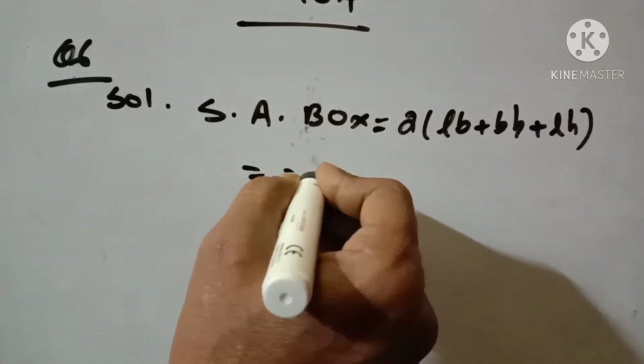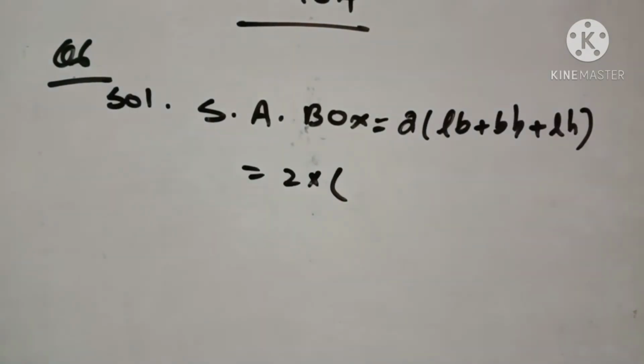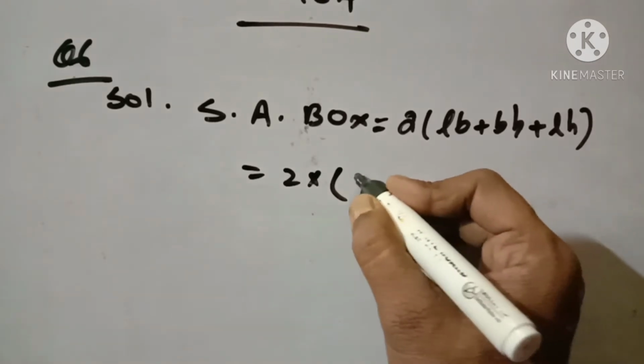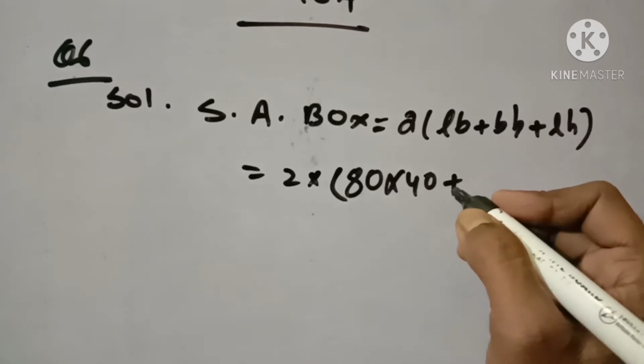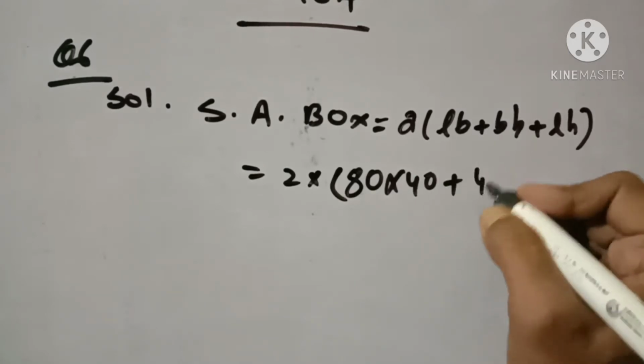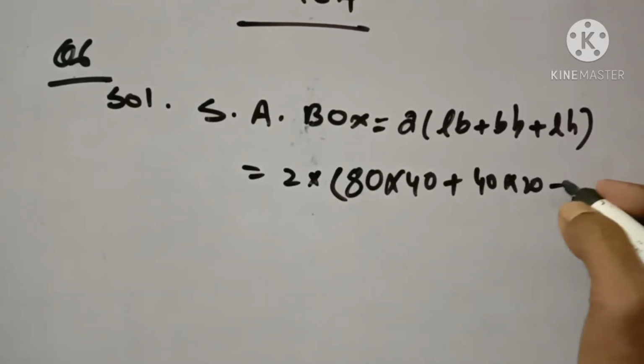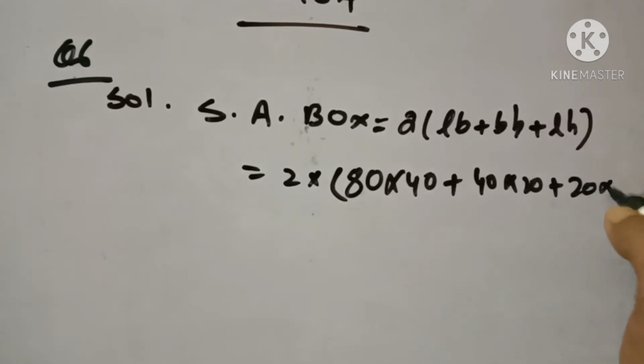So 2 into, we can write LB means 80 into 40, plus BH, 40 into 20, plus LH, 20 into 80, centimeter square.